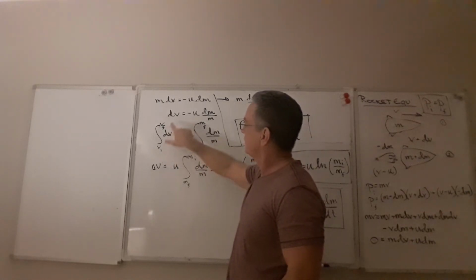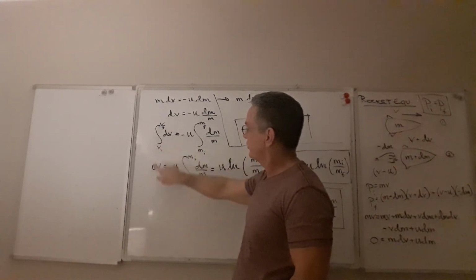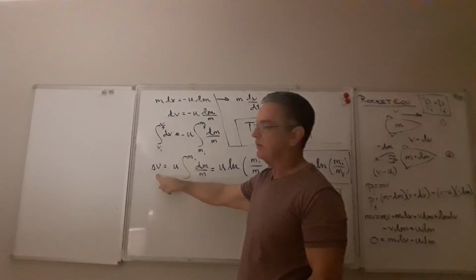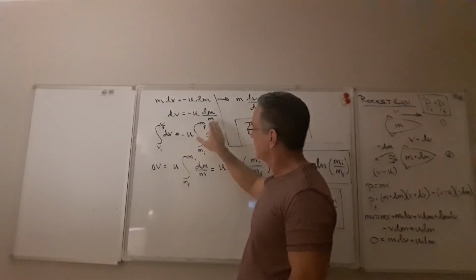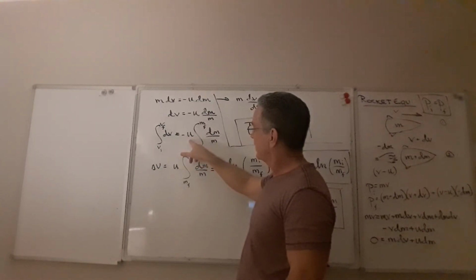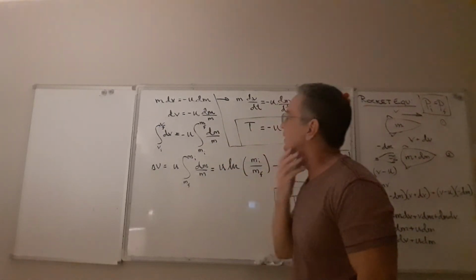So dv becomes the integral of dv, integrated from the initial to the final velocity, which is just the change in velocity, v final minus v initial. And then over here, u is a constant, so it can come outside the integral sign. So we've got negative u dm over m, integrated from the initial to the final mass of the rocket.